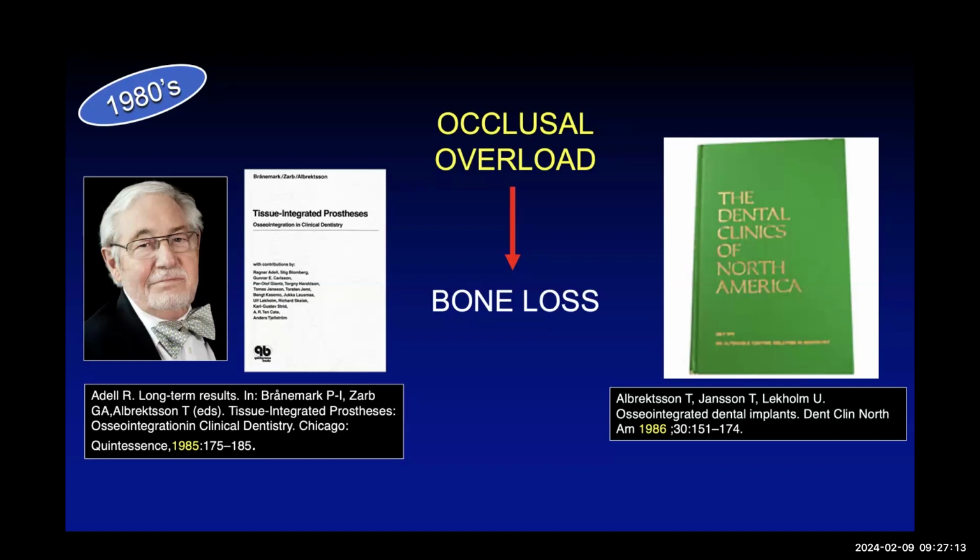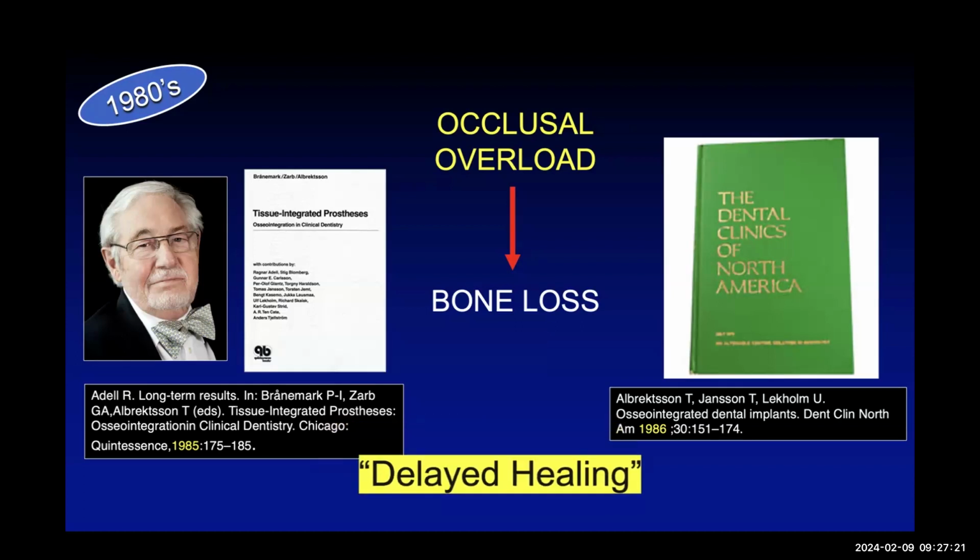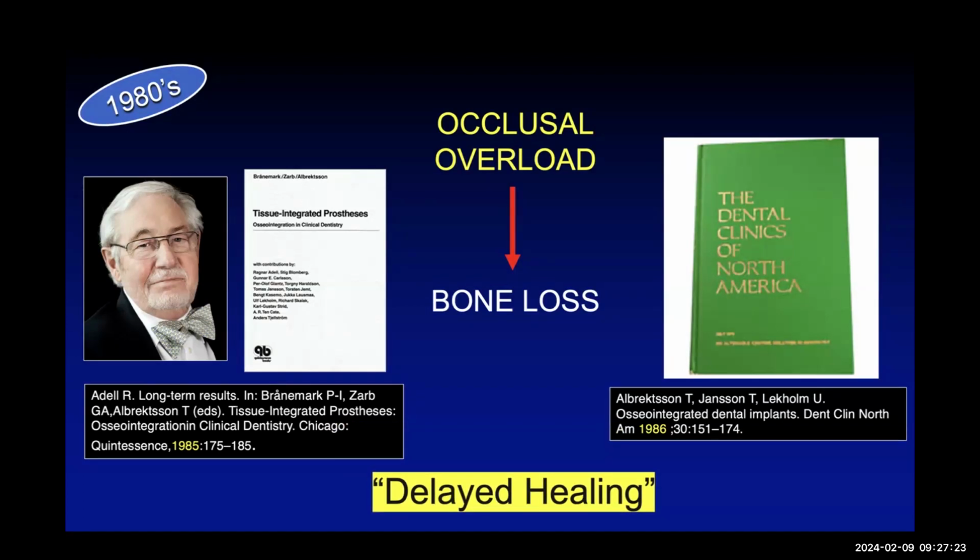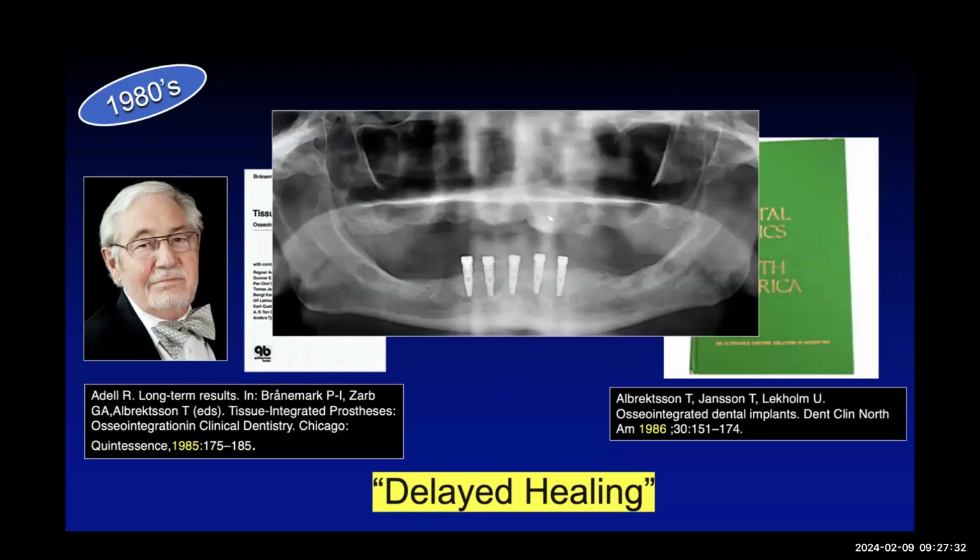If you overload the occlusion, if you put too much stress on those implants, you're going to get bone loss. That's why he came up with the theory of delayed healing. You put the implant in, you let it heal, then you incrementally put force on it. And that was the basis of his research.